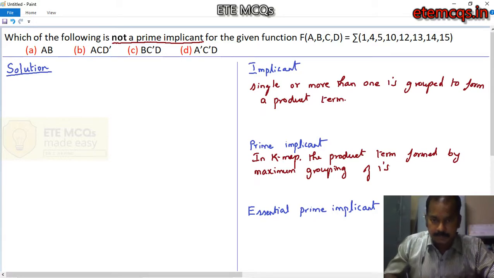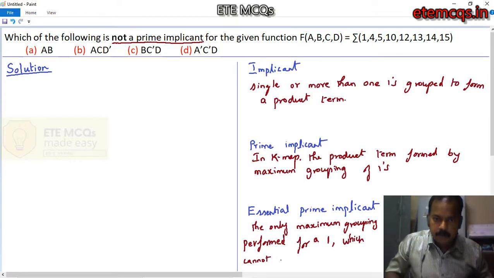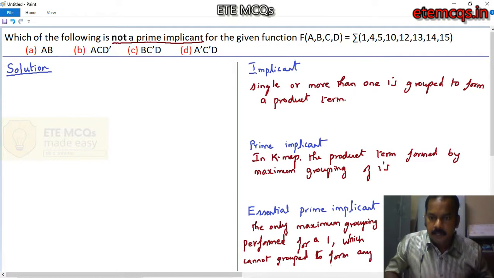In other words, the only maximum grouping performed for a one which cannot be grouped to form any other product term.